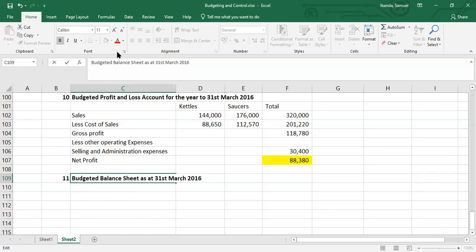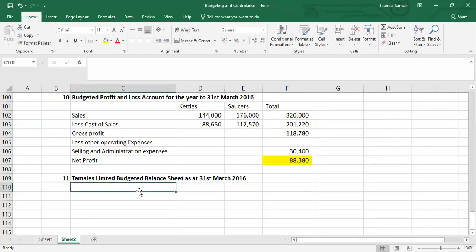I can even give it a title: Tamale Limited budgeted balance sheet as at that date.